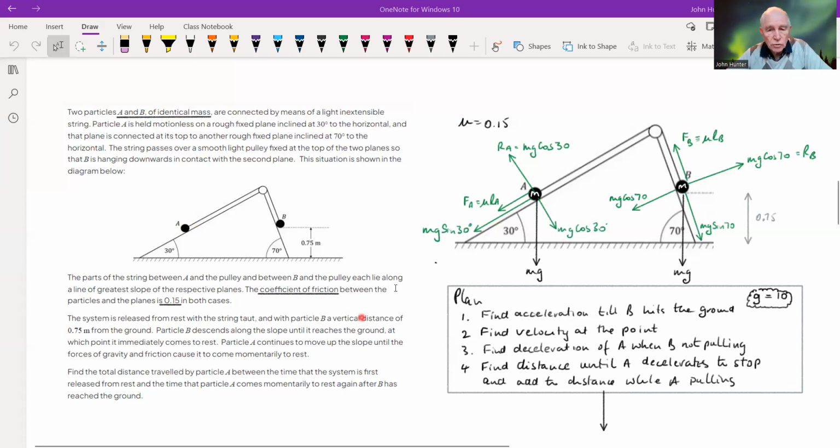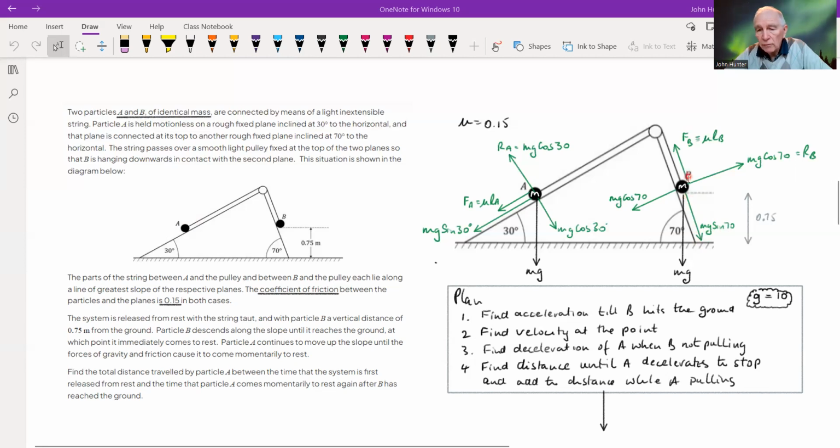Now, if we draw our forces diagram here, it seems to have a lot of lines on it, but really it's the same for both particles. What we've got is the force of its weight, but that's resolved down the slope, in this case mg sin 70.